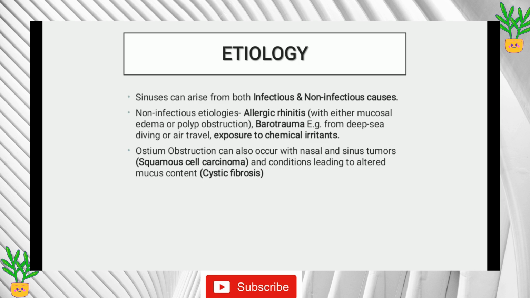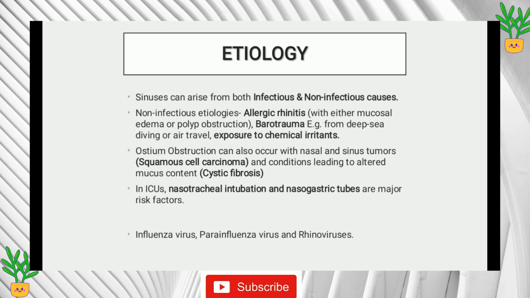In case of ICUs, the patient may get sinus infection from nasotracheal intubation and also nasogastric tubes. When you insert the nasotracheal intubation instrument, he may have sinus infection. They are the major risk factors.